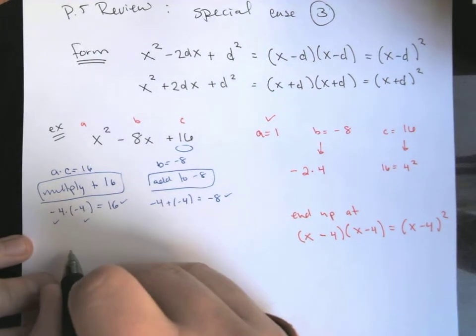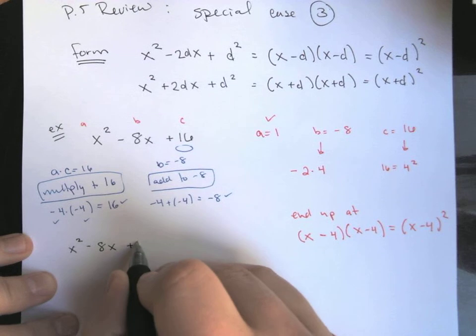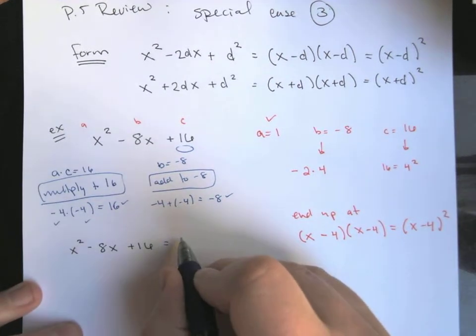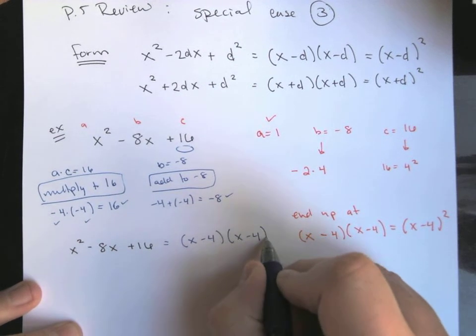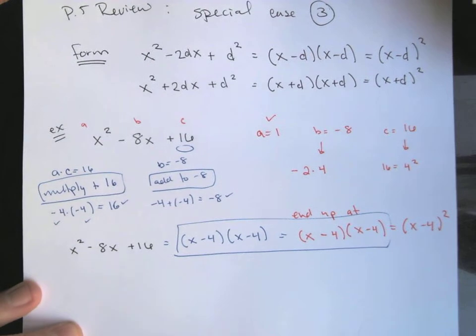So that's going to let me jump, using my special case number 1, right to x minus 4 times x minus 4, which is what we just said here. You can do the full expansion if you want to double check it. Again, the idea with the special cases is that they're a little bit faster than going through the full process.